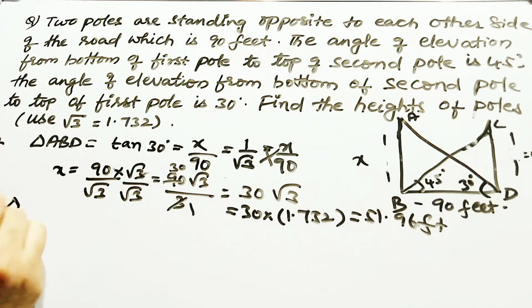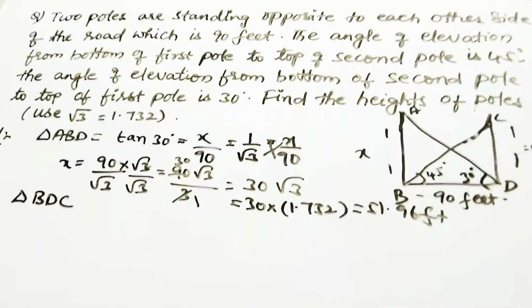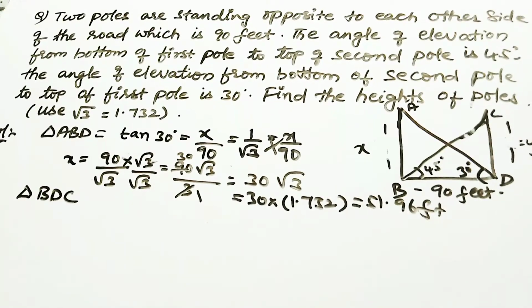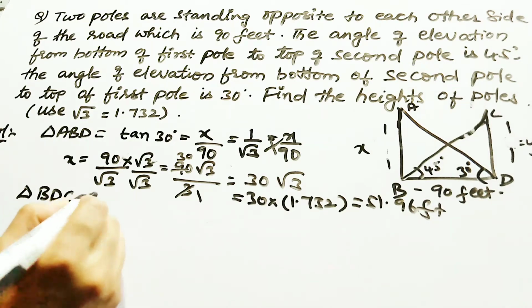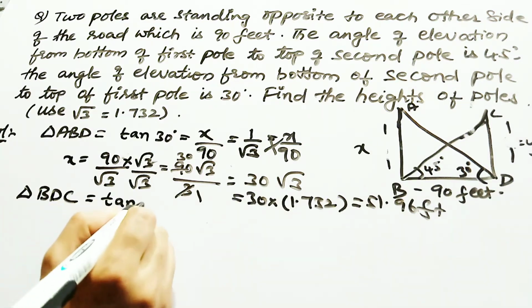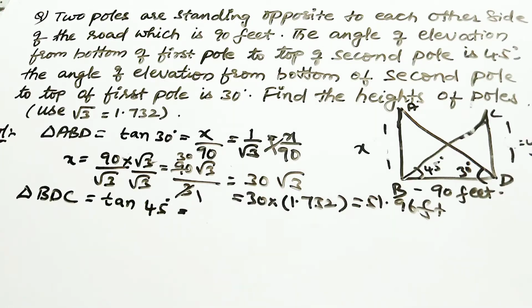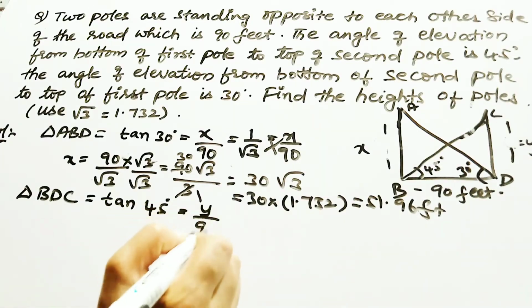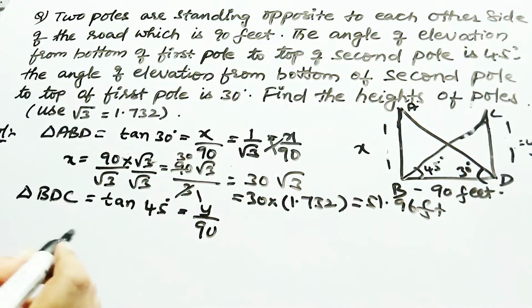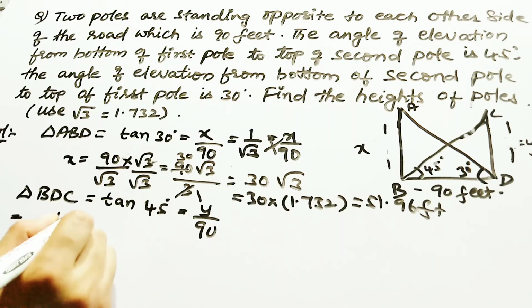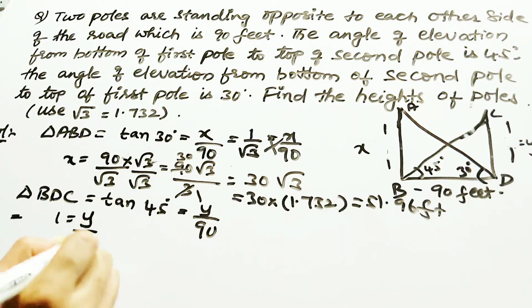Next triangle is your angle BDC. So what is your BDC? Tan 45 degree equal to y by 90. So what is your tan 45? Tan 45 is nothing but 1, so 1 equals y by 90.